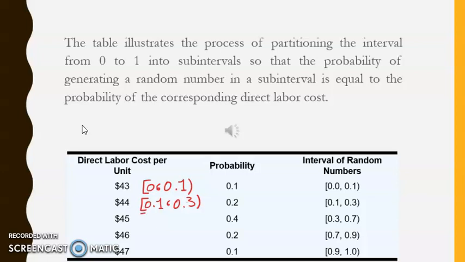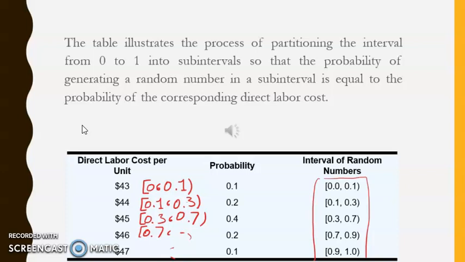We continue like that. We start from 0.3 and the probability is 0.4. So 0.4 plus 0.3 would be 0.7. After that, we start from this, and like this you continue. And now I exactly show you step by step how you get these values that you see on the right.